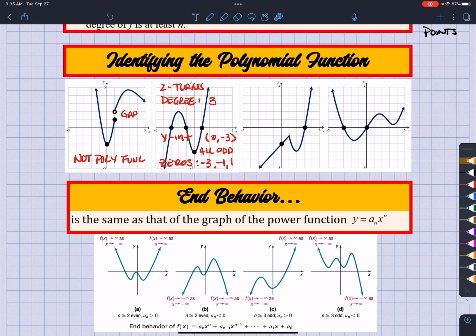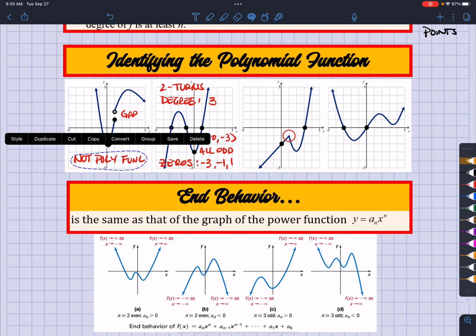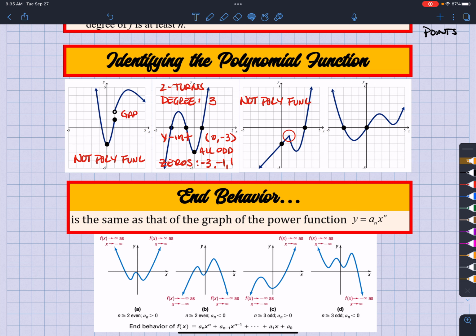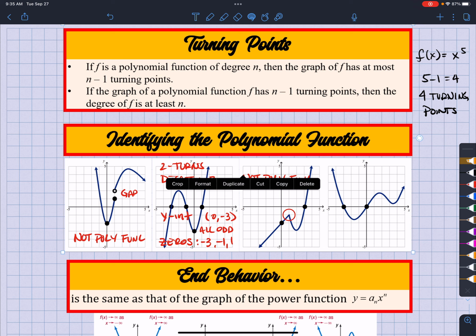Over here, because of this cusp, this is also not a polynomial function. And then over here, we have 1, 2, 3 turns.